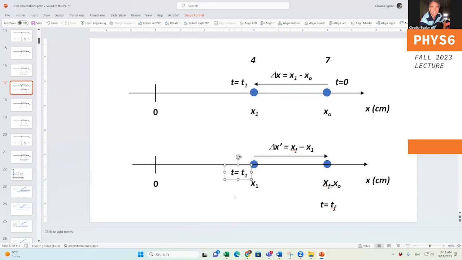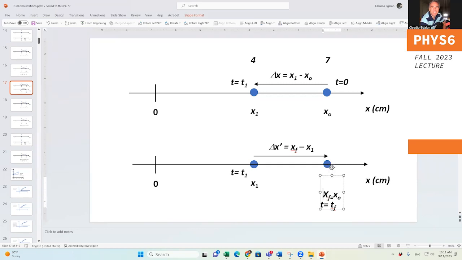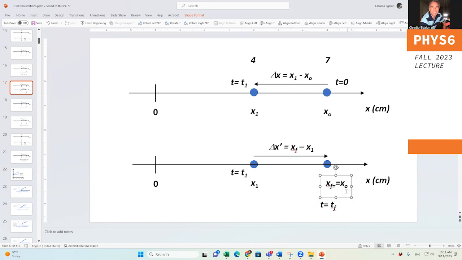Immediately after arriving at x1, he moves backwards. And that should be lowercase x. Why am I doing that? Well, I'm doing that to distinguish displacement from distance traveled.